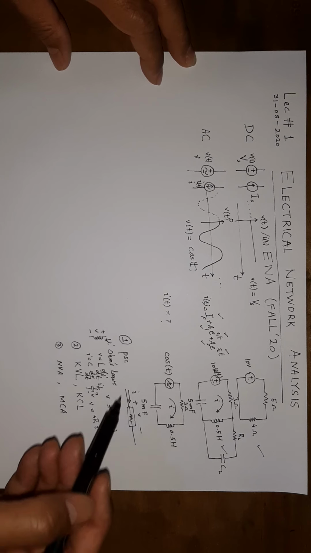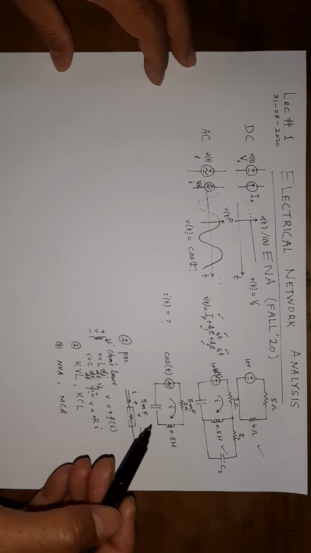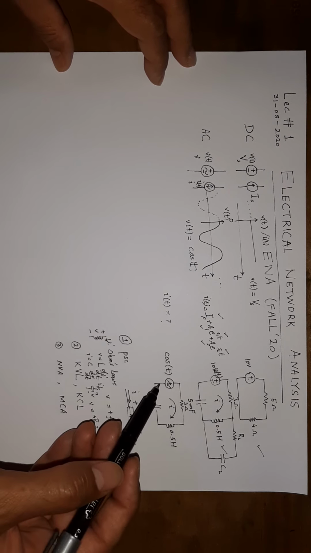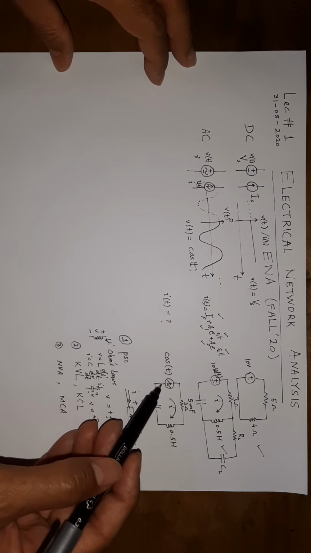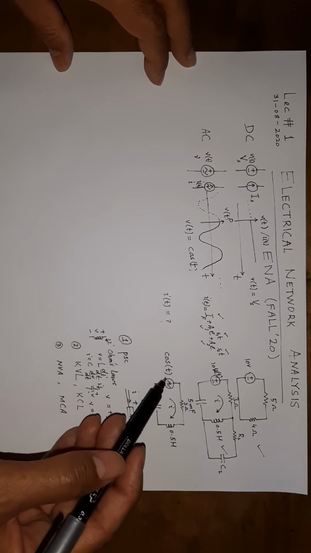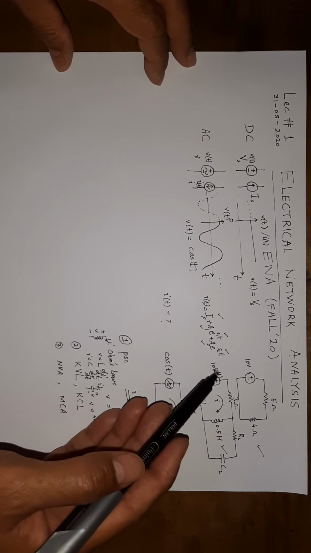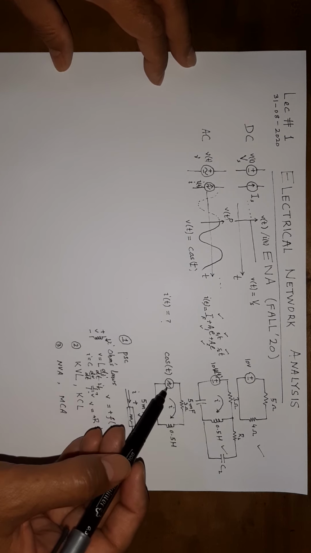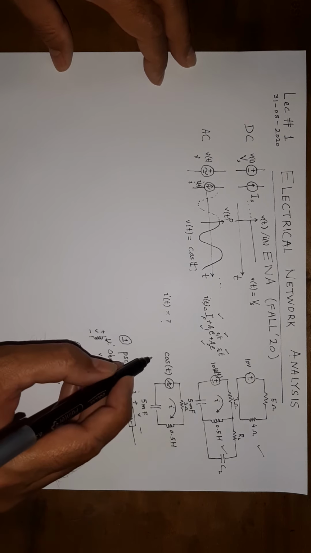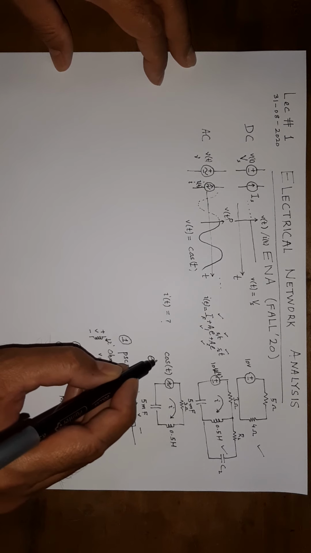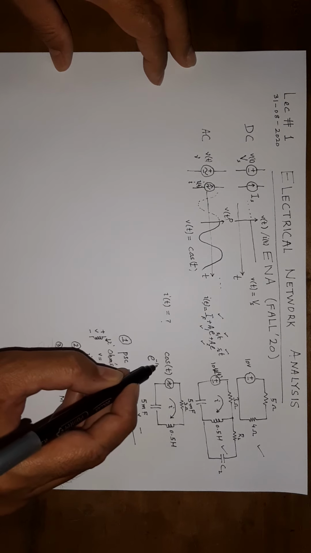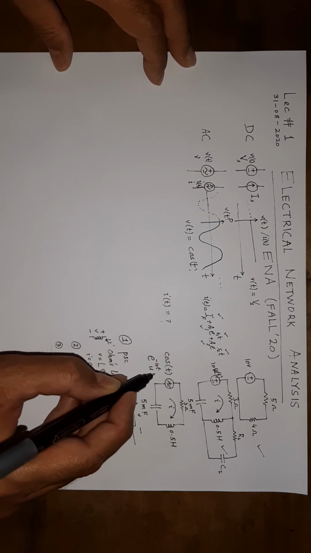And let me add another point before moving on to some basic things about this course: if this type of source is further changed, so it is not a DC source, it's not a sinusoid, say it is something like an exponential source, e raised to the power minus 10t, u(t).